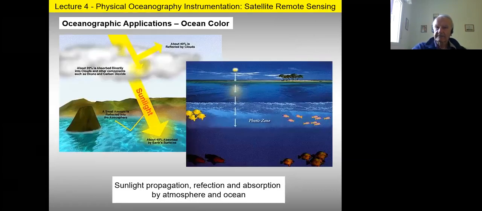Ocean color, okay. And here is how we use the ocean color data. Here you can see the sunlight, and about 40% of this sun energy is absorbed by Earth's surface.